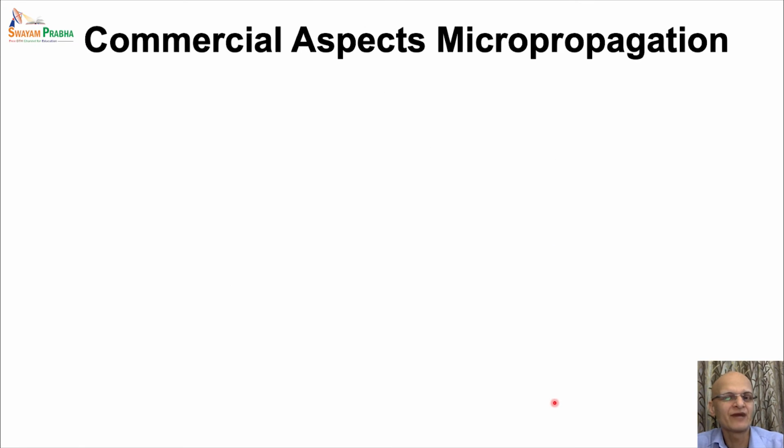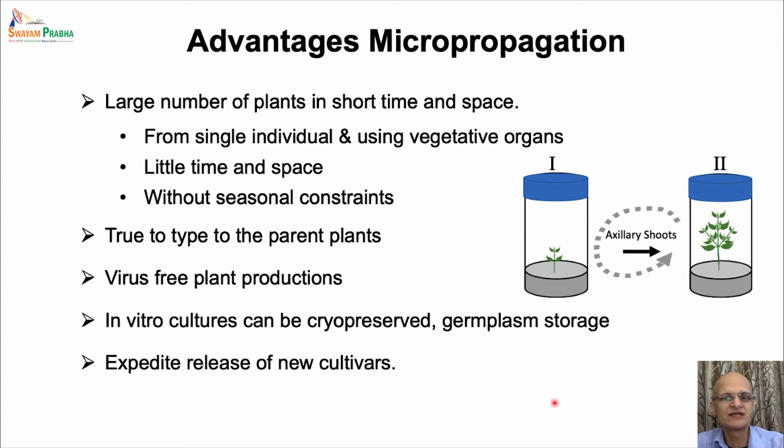And finally, micropropagation can reduce the time between selection and release of new cultivars or new varieties. Further, the amount of plant material released from the quarantine evaluation is very limited, and hence micropropagation can help in expediting the process of new crop introductions after they pass through the quarantine.